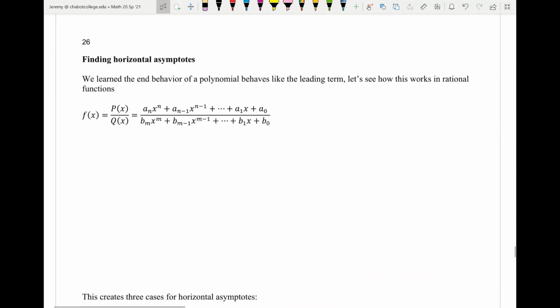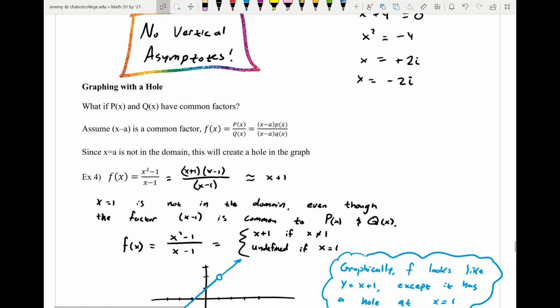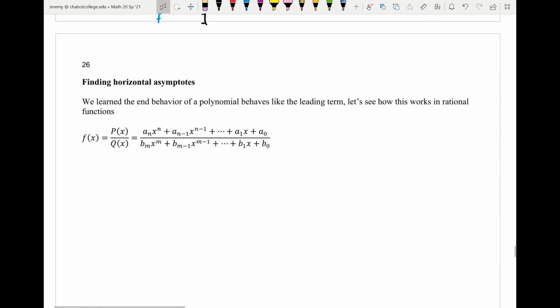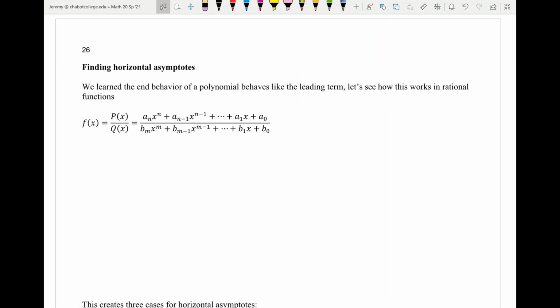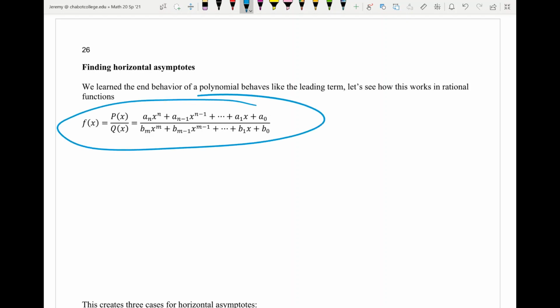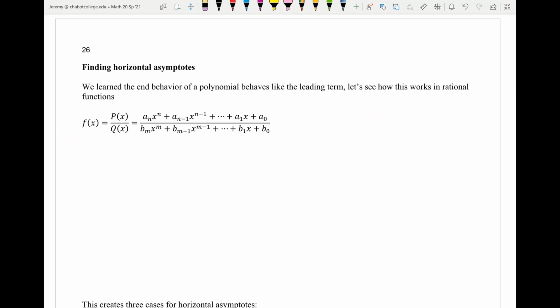Great. So that's it for vertical asymptotes for now. Let's talk about horizontal asymptotes. Here's a general way of expressing a rational function. We've expressed polynomial functions in this way in the past. It's a polynomial function over a polynomial function, expressed generally.